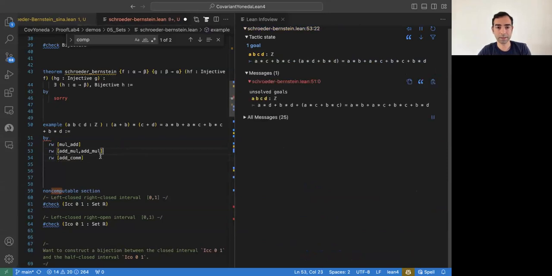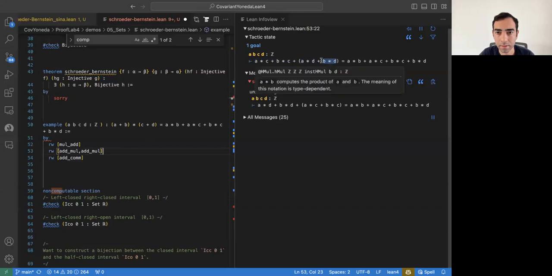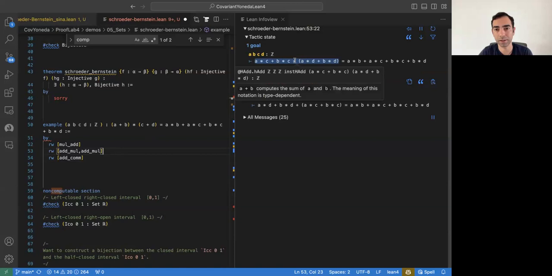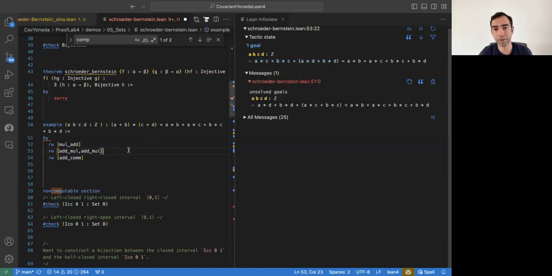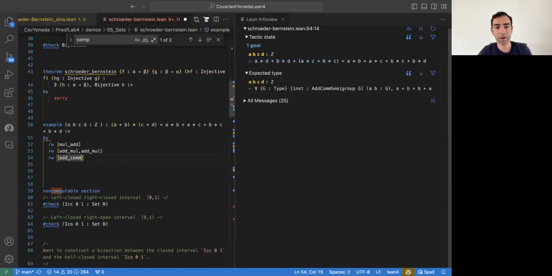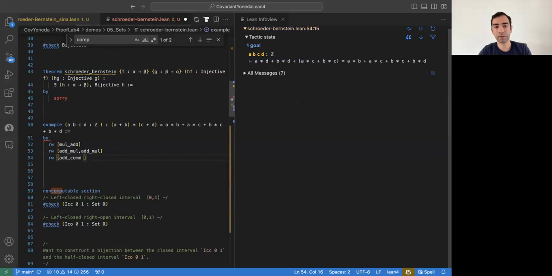So if you compare with this, then you see that these two, right. So I have A times D plus B times D, and then some other term here. And we rewrite commutativity of the addition here. So the second addition. Well, that is maybe not exactly what we want to do, but you can provide which additions you want to rewrite.